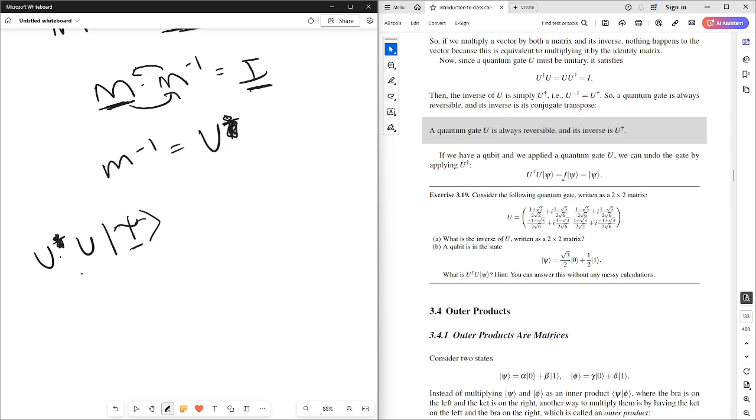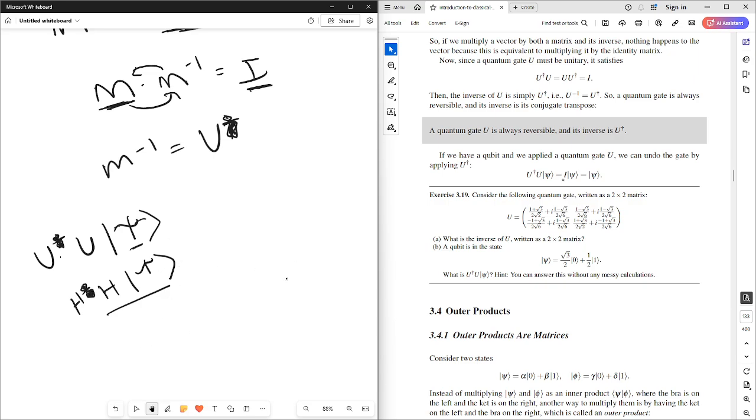U technically can represent any gate. So let's say you apply a Hadamard gate to psi, and now you want to undo that Hadamard operation. You would just simply apply the conjugate transpose of the Hadamard gate. Bam, now you're back to psi.